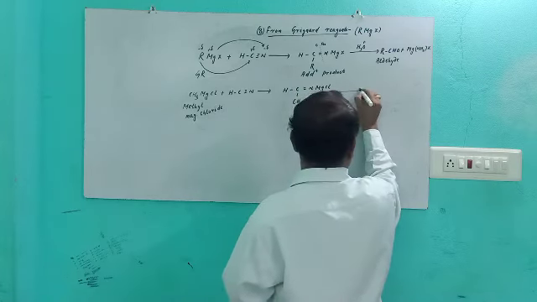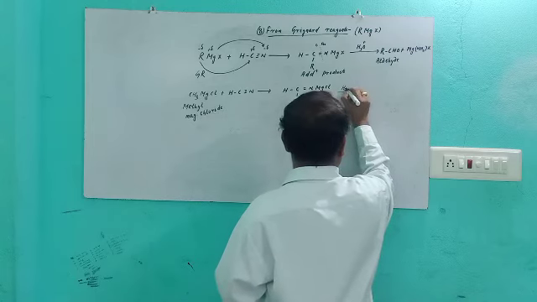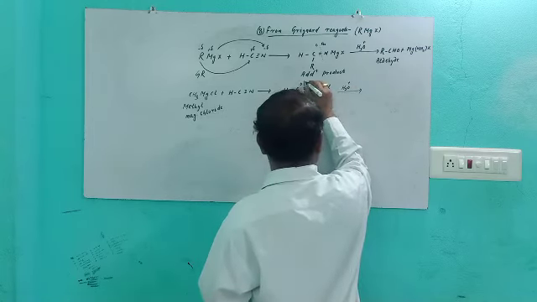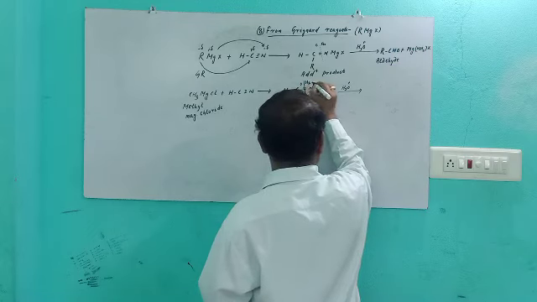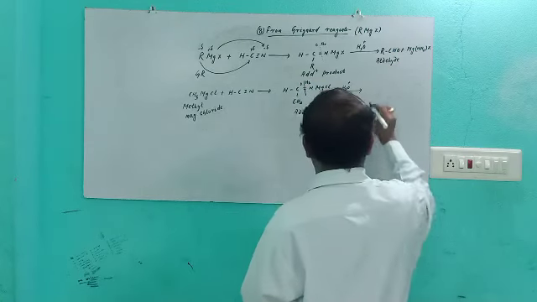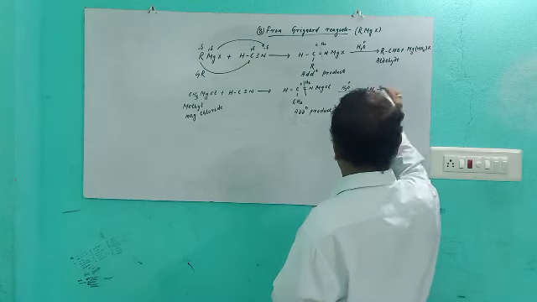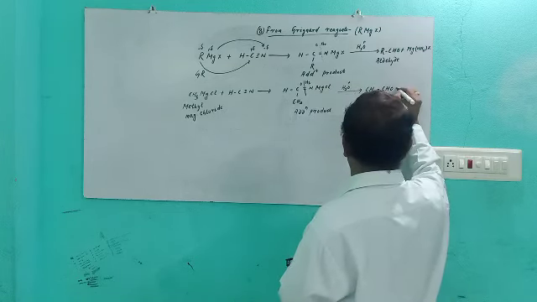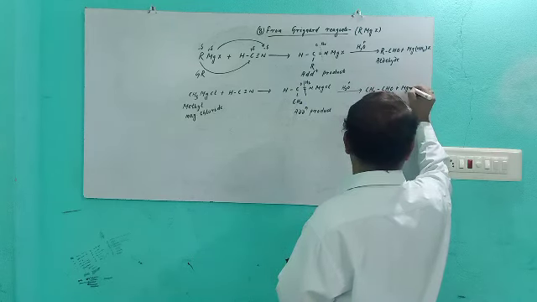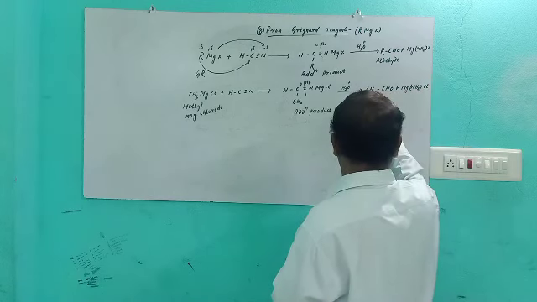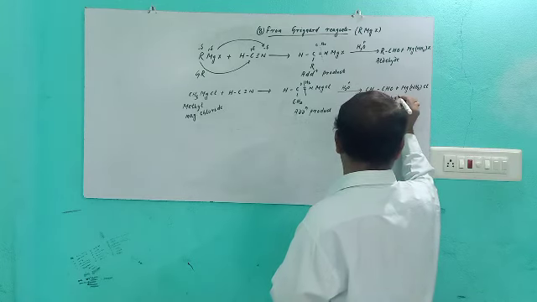On acidic hydrolysis with H3O plus, the oxygen comes to this end. It leads to formation of CH3CHO plus Mg(NH2)Cl. So acetaldehyde is formed.